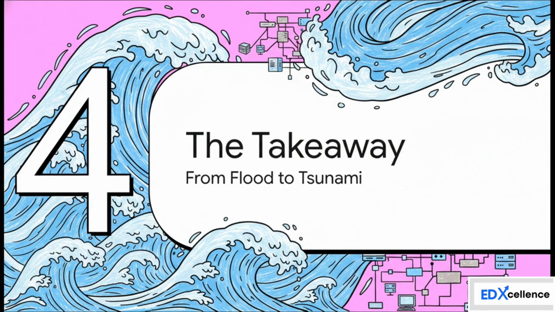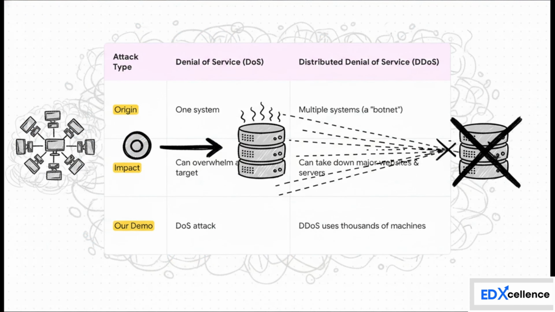We saw what just one computer can pull off in a controlled lab. But what does this look like in the real world? This is where we go from a little flash flood to a full-blown global tsunami. Okay, it's super important to understand this distinction. What we just did, that was a classic denial of service, or DoS attack. It was one attacker versus one target.